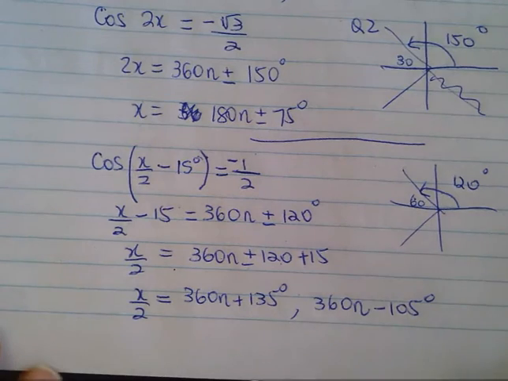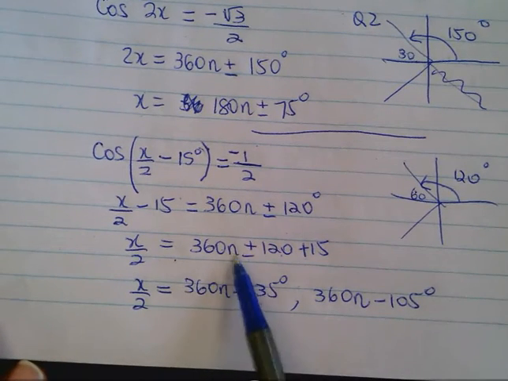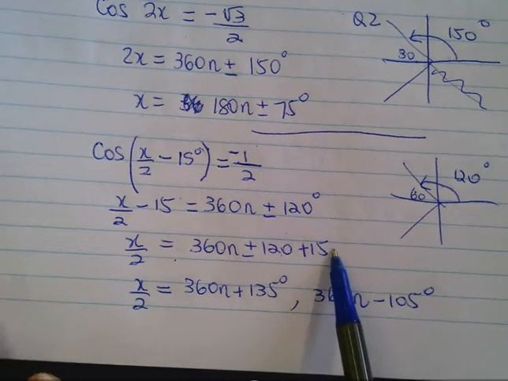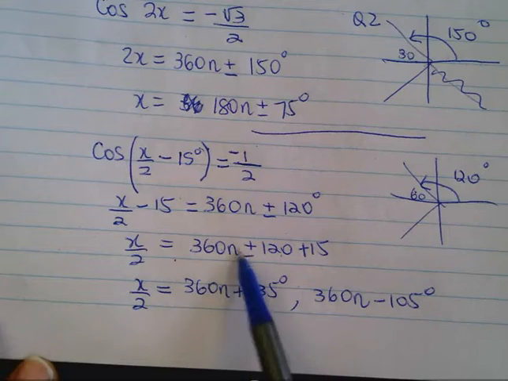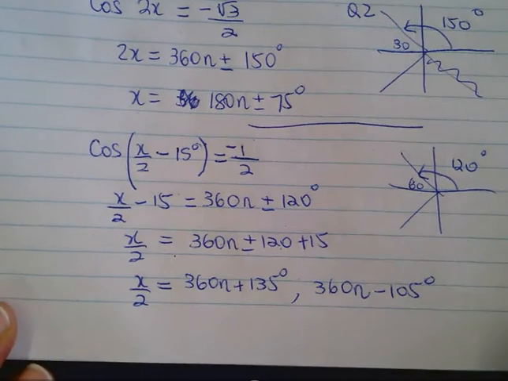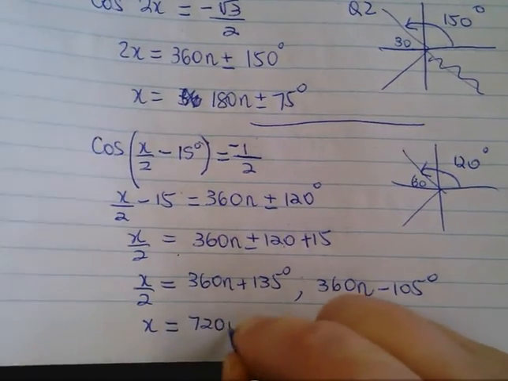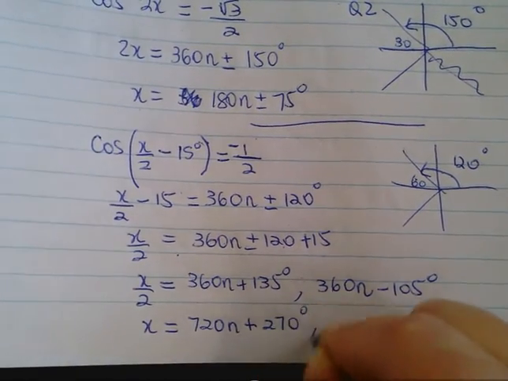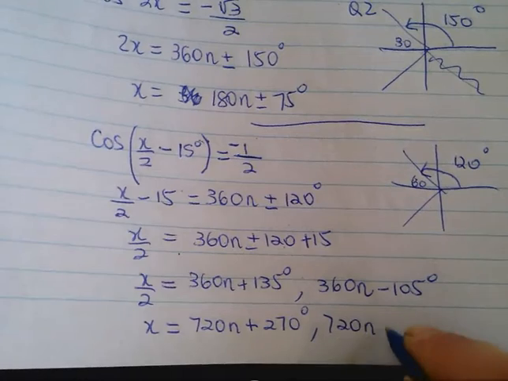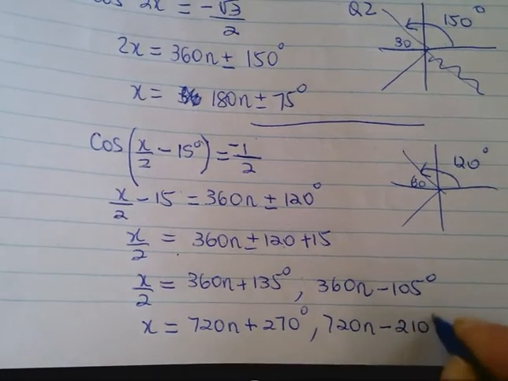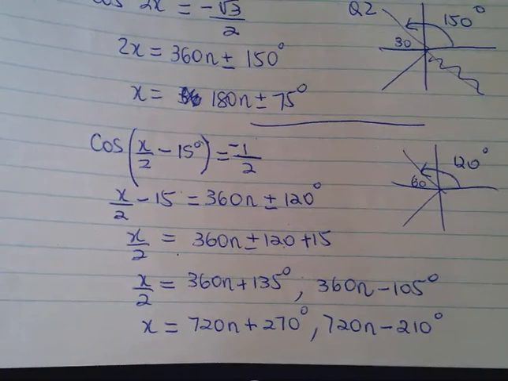Is that right? Yeah. You got that? Girls, do you have that? And now we just multiply through by 2: 720n plus 270, and 720n minus 210. Okay?